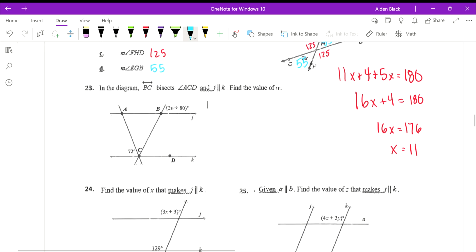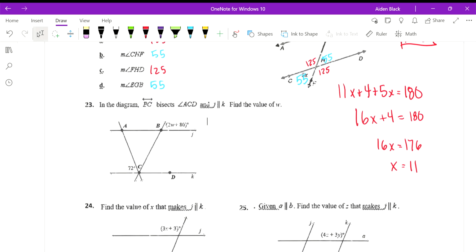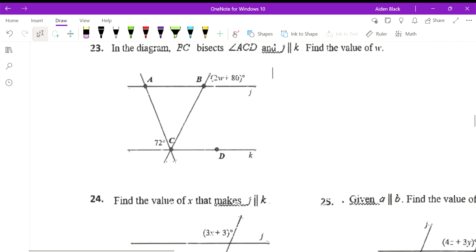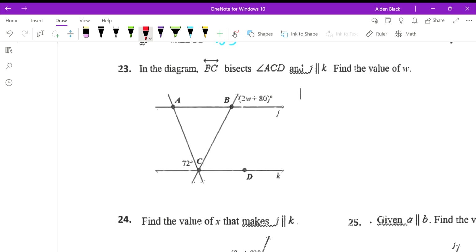In the diagram, BC bisects angle ACD and J is parallel to K. Find the value of W. Alright, good. This is actually one we had on one of our tests. So, they're saying that this bisects this angle here, ACD, which means it cuts it into two equal parts.